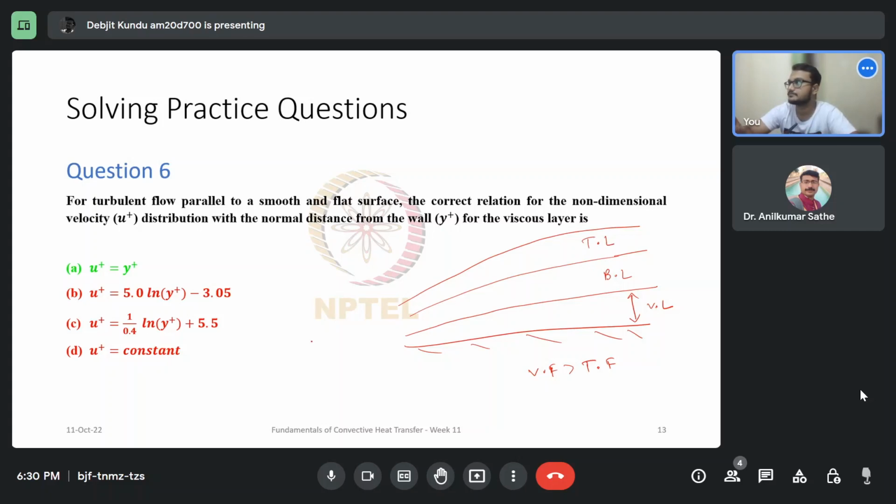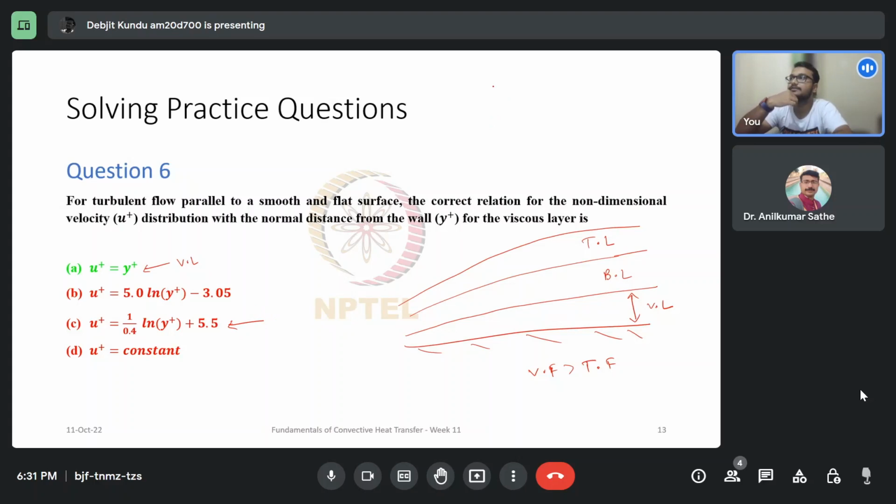It was shown in the lectures, in the derivation, that within the viscous layer, u plus is equal to y plus. So the velocity actually has a linear profile with respect to the normal distance from the wall.